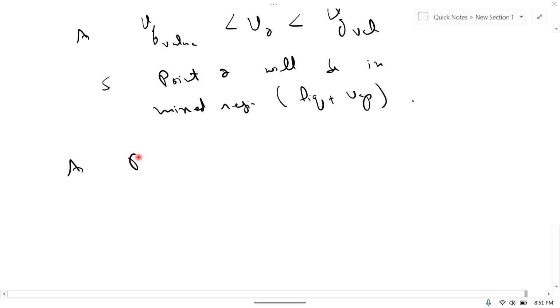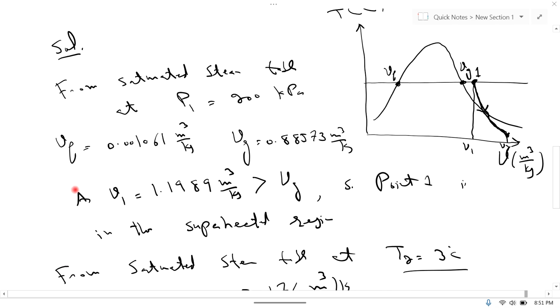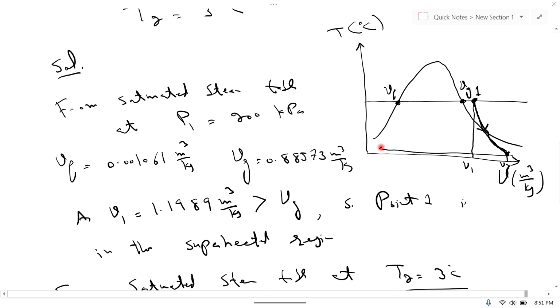So here the pressure is the saturated pressure. Point 2 is in the mixed region, so P2 is the saturated pressure. Saturated pressure means this line is PS, and here the temperature is 3 degrees centigrade.